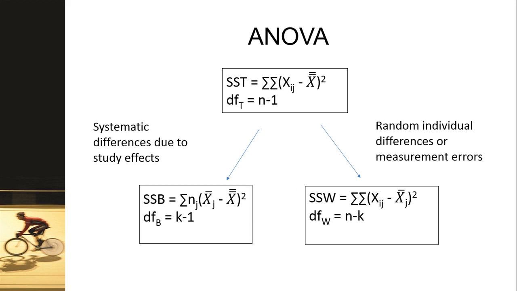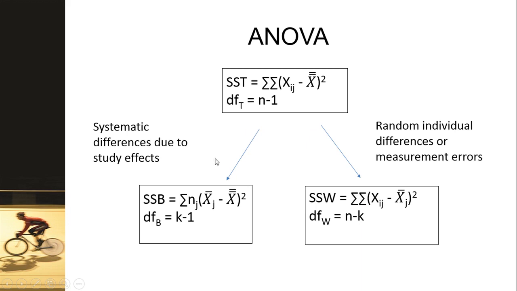Okay, so there are different sources of variance. The first one we want to talk about is the total variation, sum of square total, SST. The total sum of square can be partitioned into two different sources.